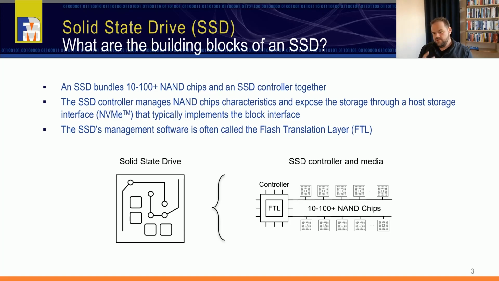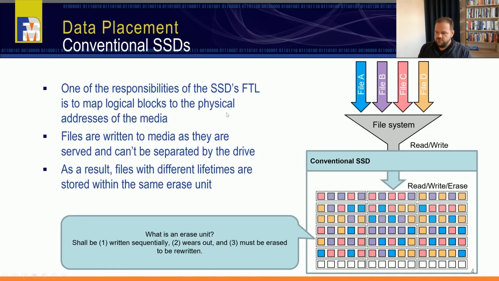And I'm going to take you through why the throughput drops we saw before happen. So for data placement on conventional SSDs, take this example to the right where you have 4 files, A through D. They write into a file system, and when they go into a conventional SSD, it typically has an erase unit that it writes into.